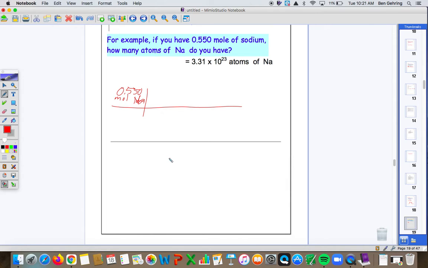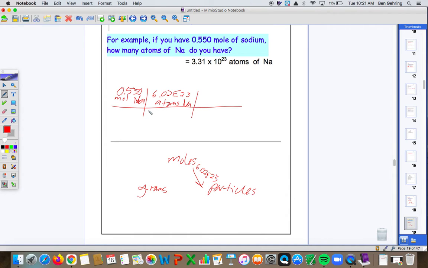atoms. So again, reminder, my moles, my grams, and my particles. Remember, atoms are one of those particles we can have. If I'm going from moles to particles, I have to put my 6.02 on top. So that's going to be 6.02 times 10 to the 23rd particles. In this case, it's going to be atoms of sodium.